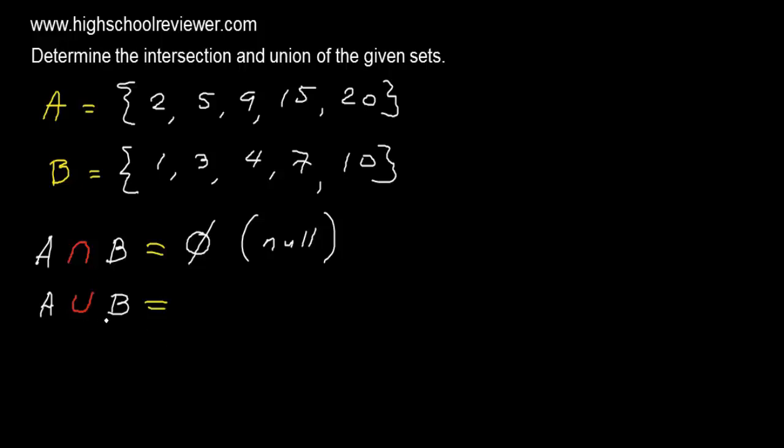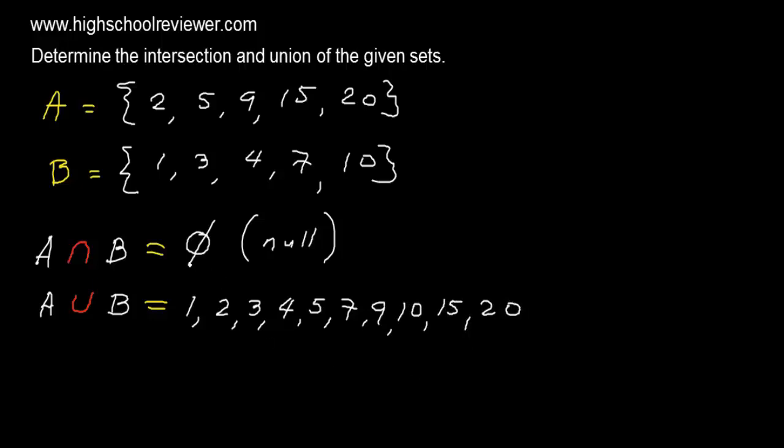The union of sets A and B consists of all the elements that are present in A and B. So 1 is present in B, we'll write that. We also have 2, 3, 4, 5, and then 7, 9, 10, 15, and 20.